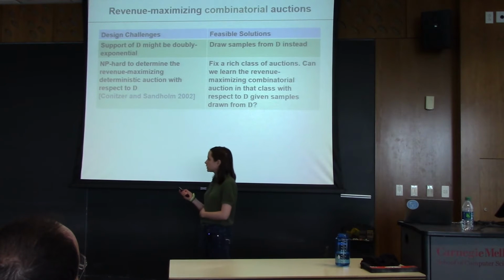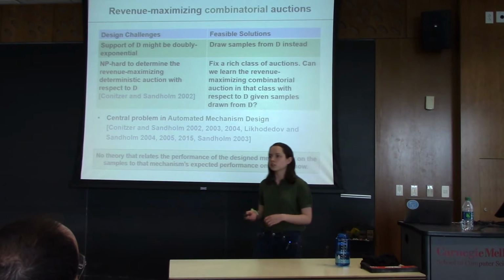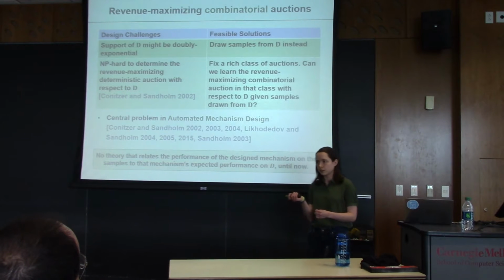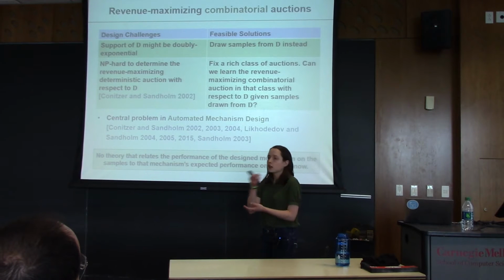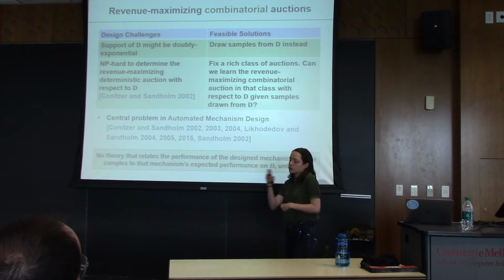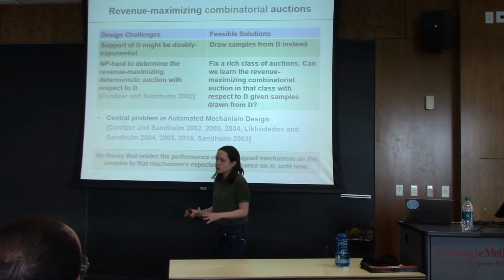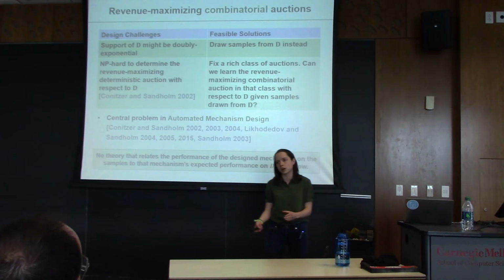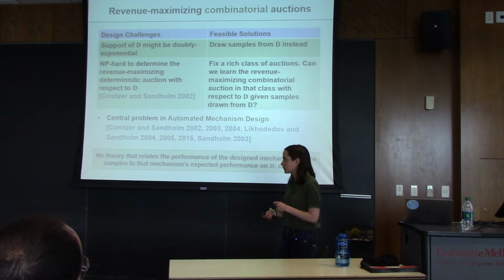In fact, this is a central problem that has been addressed in the field known as automated mechanism design. We have samples drawn from the bidders' prior distributions D, and then we do a sophisticated search over some rich subclass of combinatorial auctions, and look for the best one in that subclass.